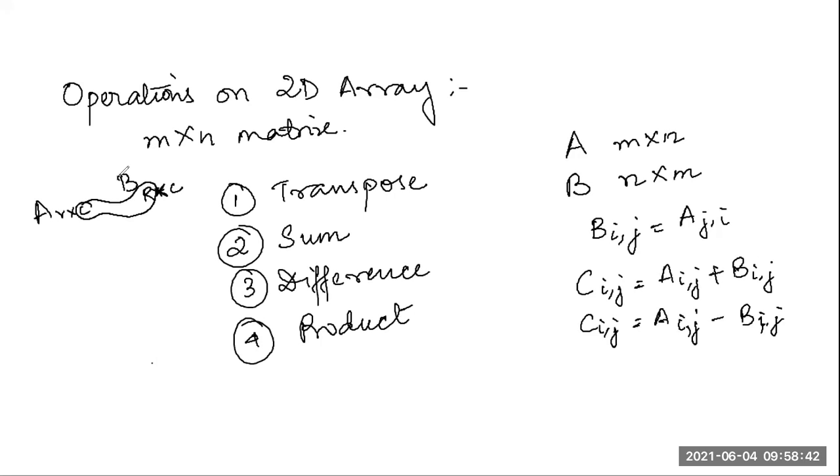Then we say the two matrices are compatible, and I can perform the summation, difference, and product of these two matrices. So these are the four numerical operations that can be performed on any matrix, and if I represent the matrix using 2D arrays, these four operations can be performed on my 2D array as well.